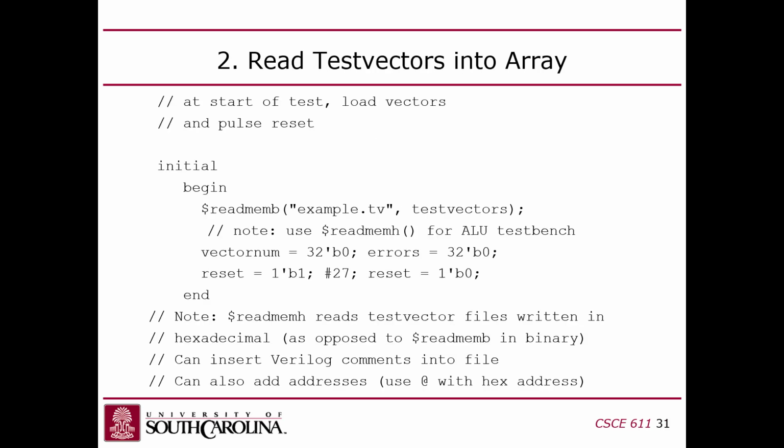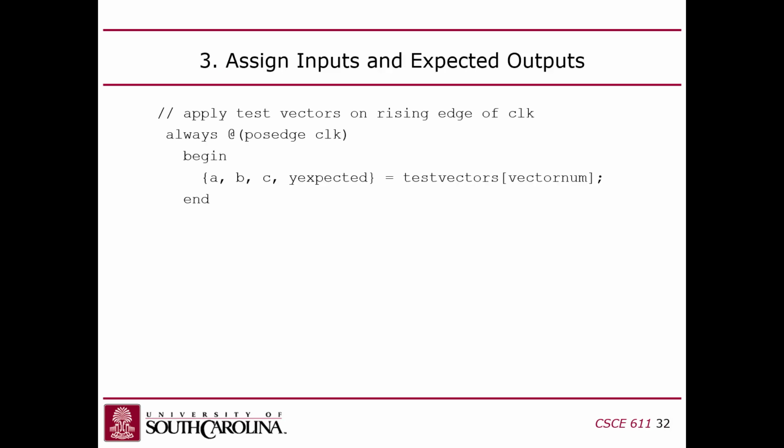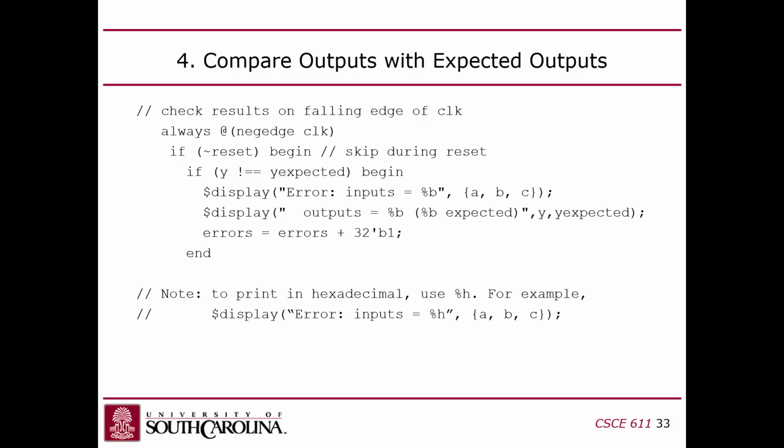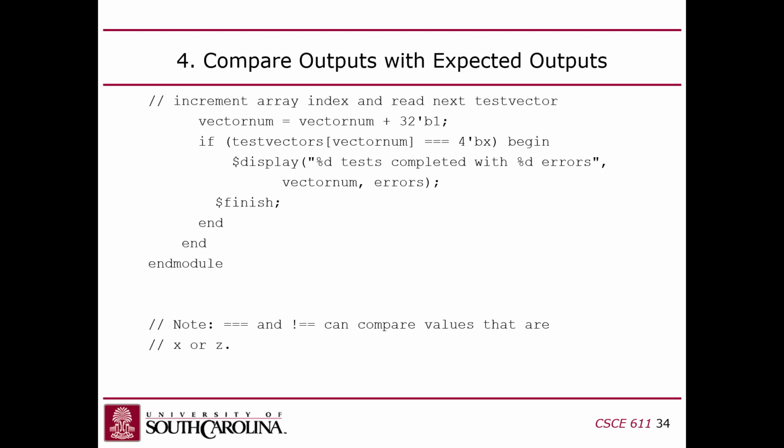So I have some code in there that stops the test bench once I hit an X, meaning I've gone past the edge of my test vectors, at which point I just print a message saying how many tests have completed and how many errors.